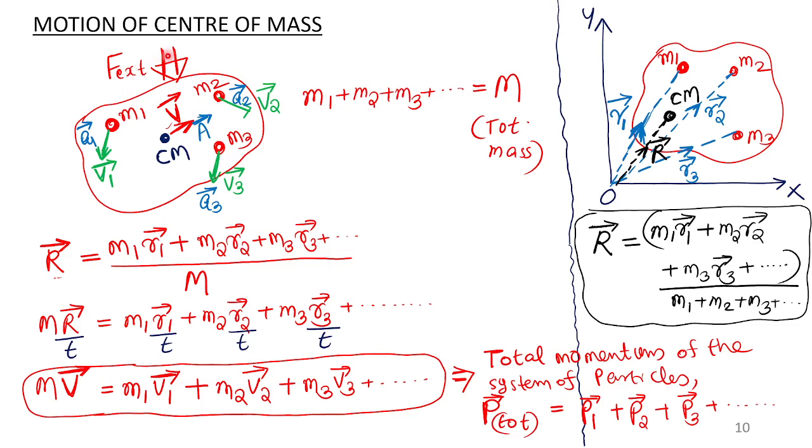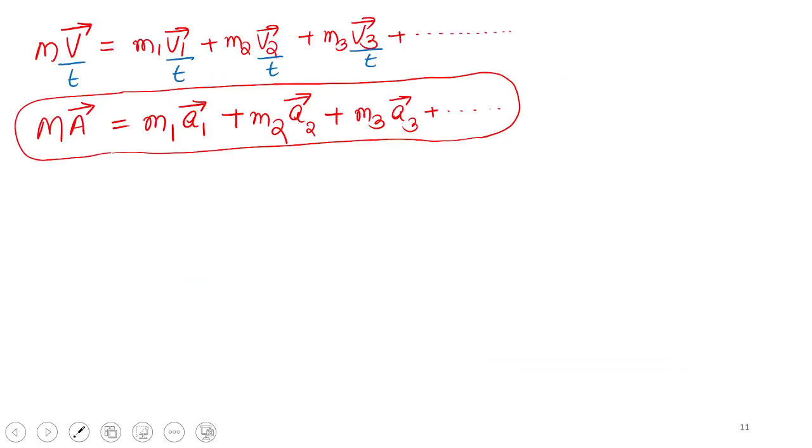Somebody applies a force on this entire, very large system. A small fraction of the applied force is experienced by M1. M1 A1 is the force experienced by M1.